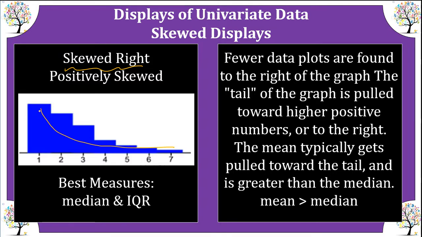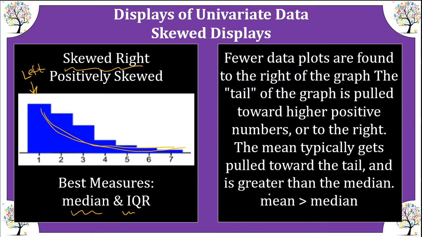So when we have skewed right, most of the data is on the left side, and we have some outliers or an outlier pulling the data toward the right. When we have skewed right, we have an outlier, so we're going to use the median for our measure of center and IQR for our measure of spread.